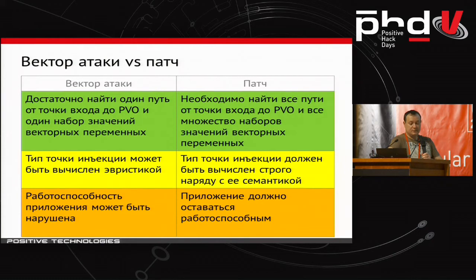With a patch, we need to find all pathways from the entry point to PVO, and give the entire set of sets of different values of vector variables. This is very important, because we need to sanitize it somehow, to clean it up and validate it.